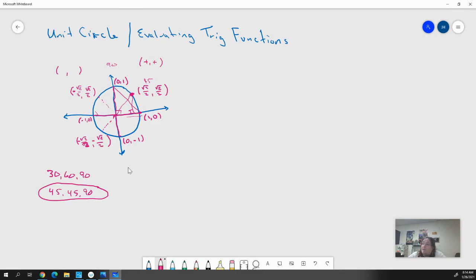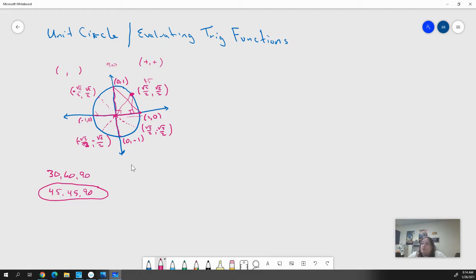So these would both be negative. If I drew it here, if I divided this one in half, I would still have radical 2 over 2, radical 2 over 2. But in this case, my x's are positive because we're on this side, but my y's would be negative. So nothing changes a whole lot, right? The difference is just in the signs.